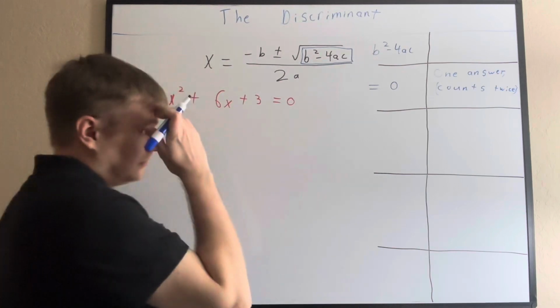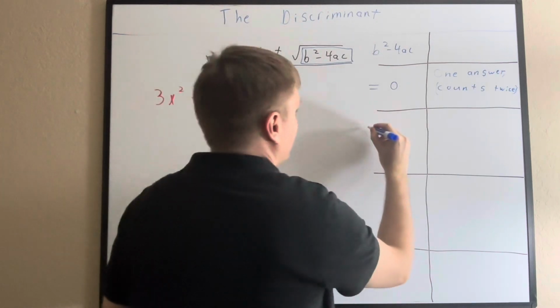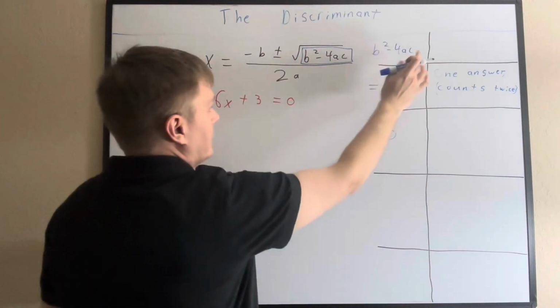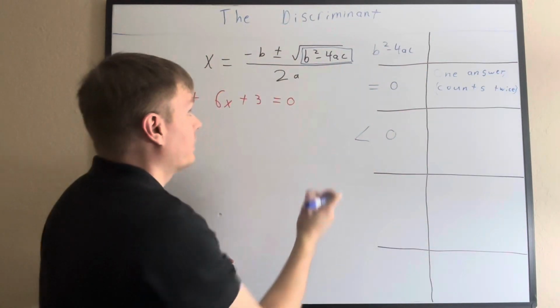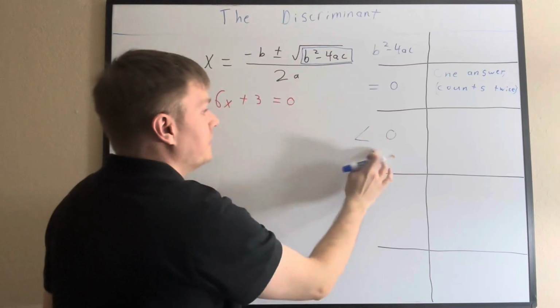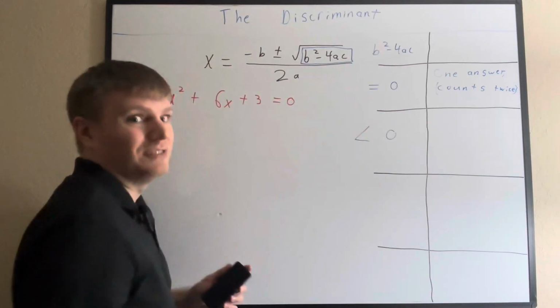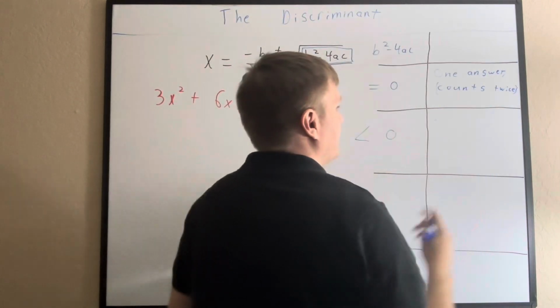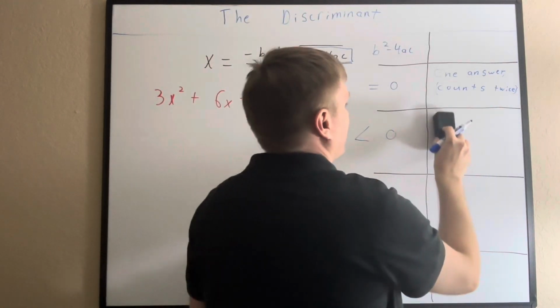Now, the easy one to think of is anything less than 0. b squared minus 4ac is less than 0. I just mentioned it before. It's going to be a negative number, right? So square root of any negative number is going to be something imaginary, complex.